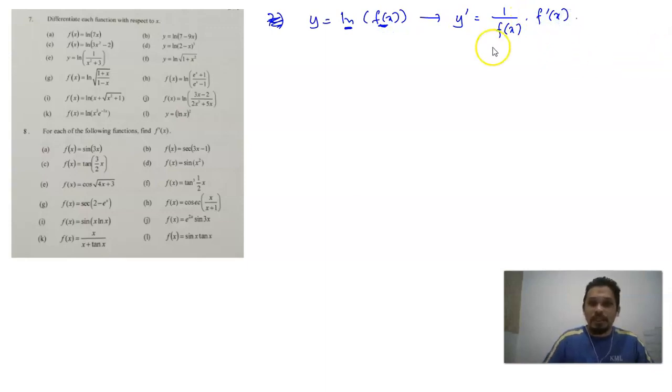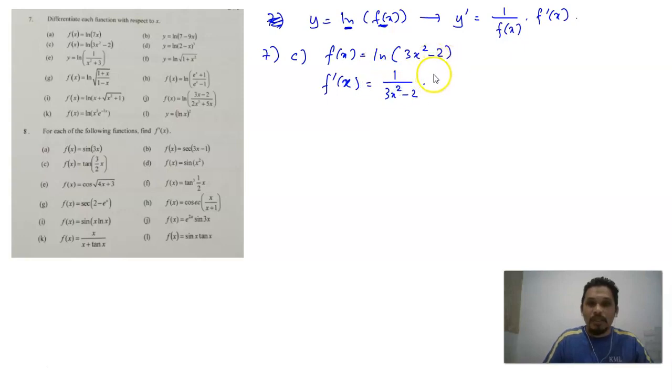I think that 3 examples is more than enough. For 7, let's say question C. f(x) equal to natural log of 3x squared minus 2, then f prime(x) equal to differentiate ln, 1 over 3x squared minus 2, and then multiply with the derivative of 3x squared minus 2, which comes out with 6x.